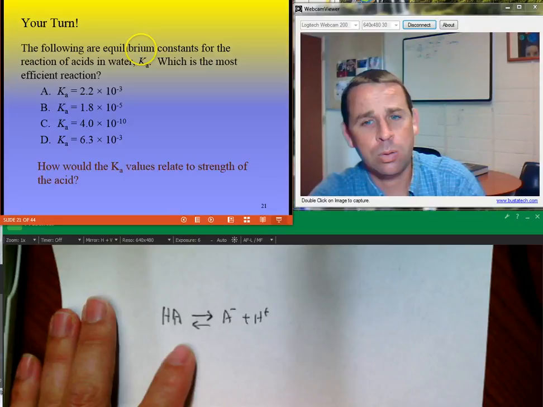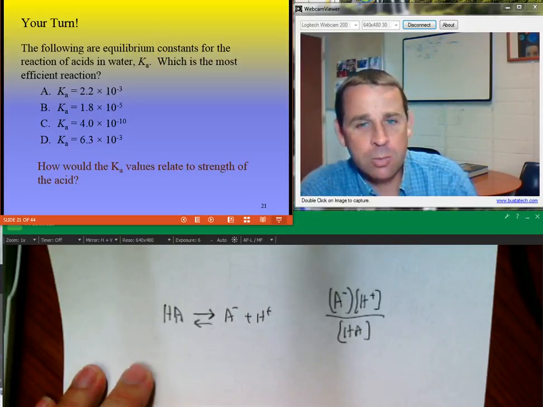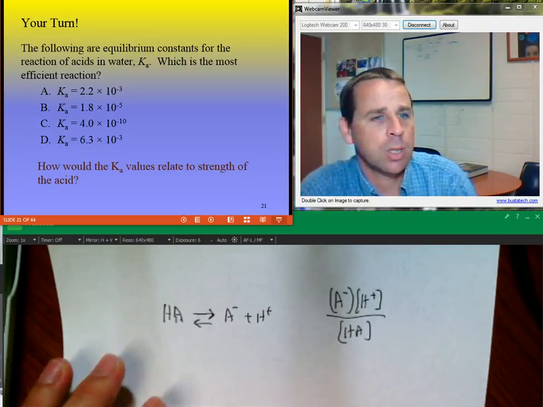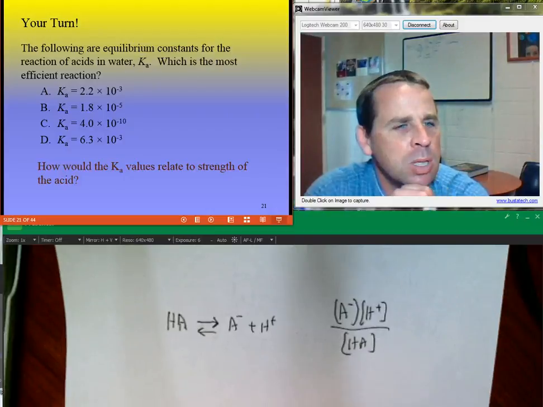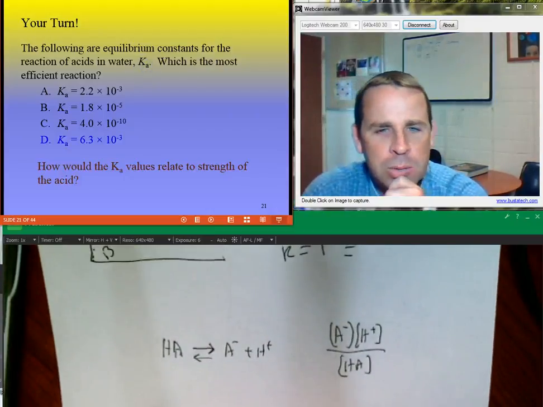Efficiency means how well the reaction proceeds to the right, to the products side. So I can look at these K values and see which one is larger, and the larger ones will be associated with the more efficient or stronger reaction. So it looks like 6.3 times 10 to the minus 3 will be our most efficient reaction, right?